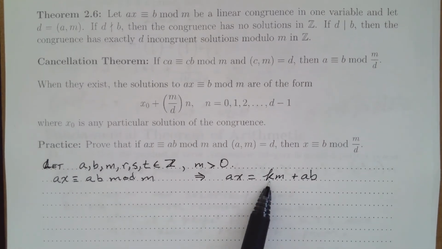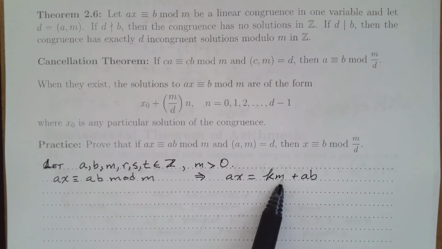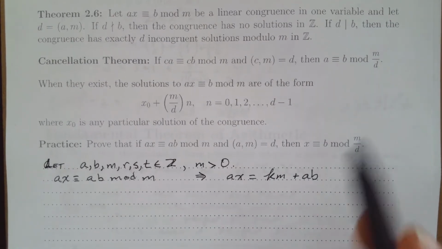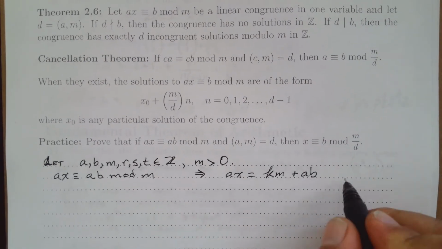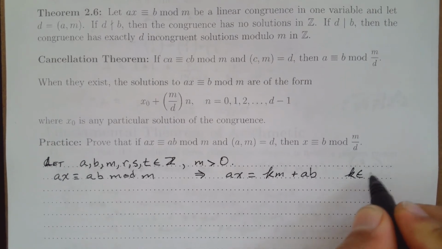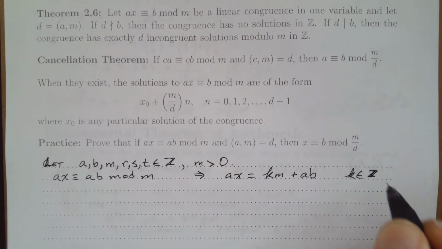It can be written as some multiple of M plus AB. And it looks like I forgot to include K in here, so we're going to say that K is some integer as well.